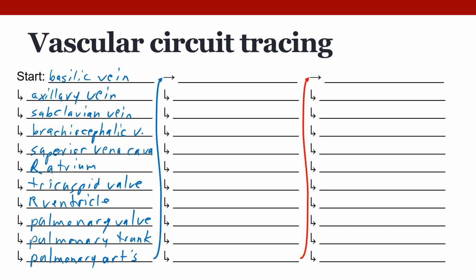There are then branches within the lungs, I think bronchial arteries, they're called. Don't quote me on that. Then pulmonary capillaries, where we pick up oxygen.